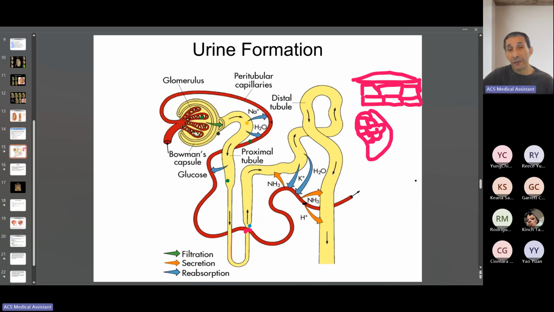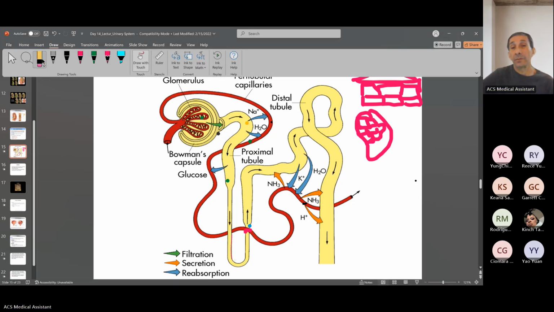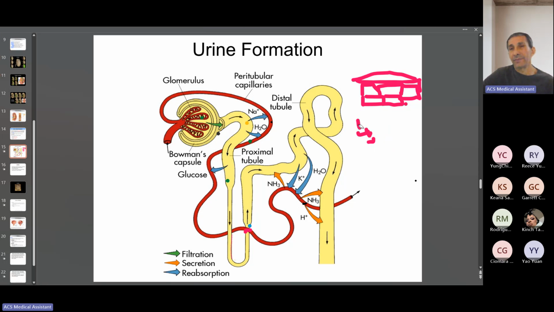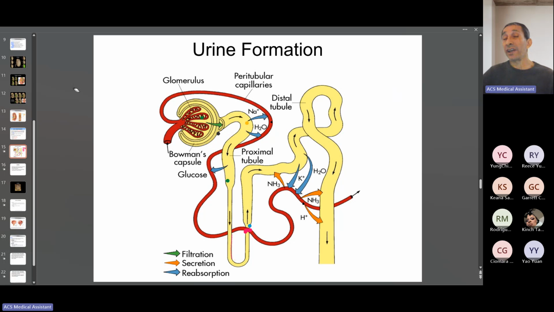That's why you have kidney failure, because you're putting your kidneys to work too much when it's actually not needed. Remember, most things depend on how we behave, how we do things, our diet.